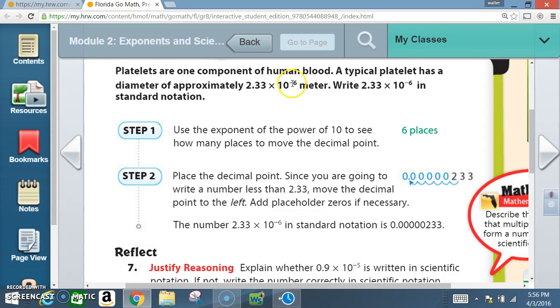So all we do is count 6 spaces in the negative direction. So if we start off here, then we simply count 1, 2, 3, 4, 5, 6. So when we write the number 2.33 times 10 to the negative 6 in standard notation, we end up with 0.00000233.